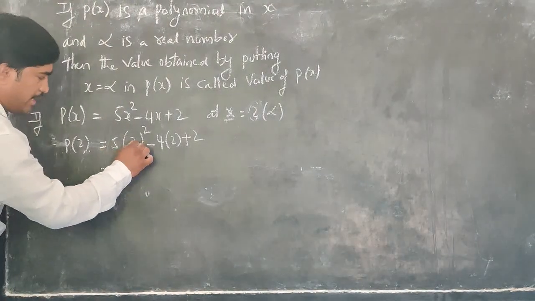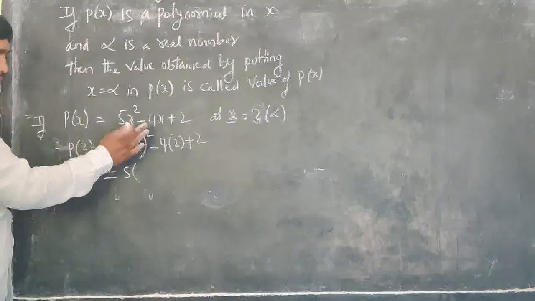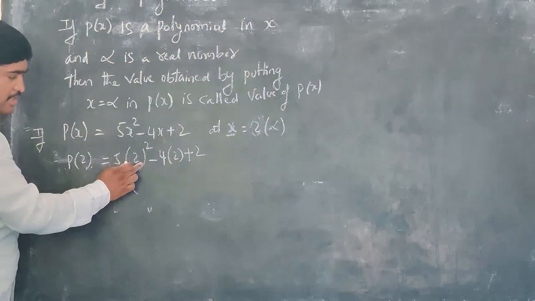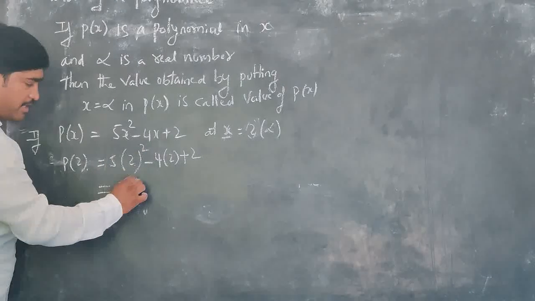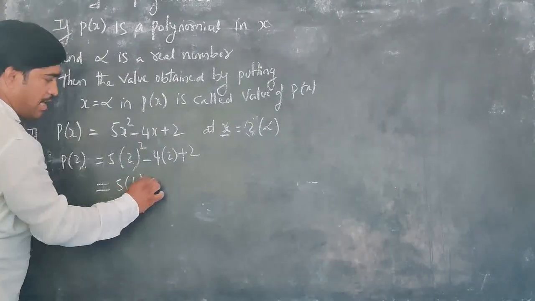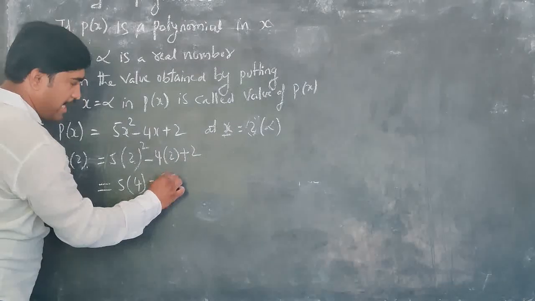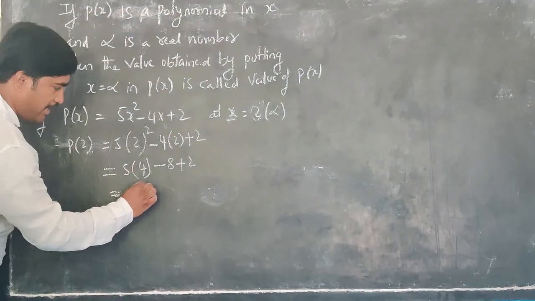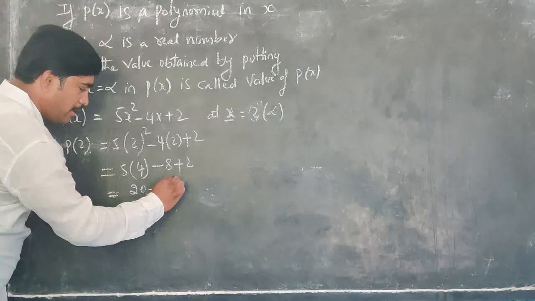Now before going to elaborate the terms, first solve the terms between the brackets. 2 square is nothing but 2 into 2, 4. Minus 4 twos are 8, plus 2. Now 5 fours are 20 minus 8 plus 2.